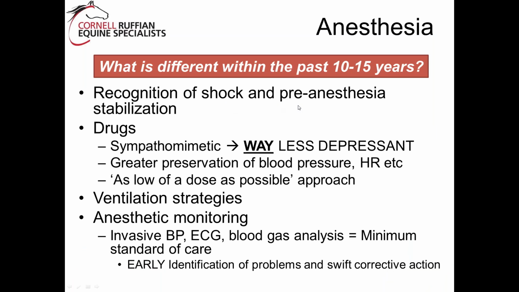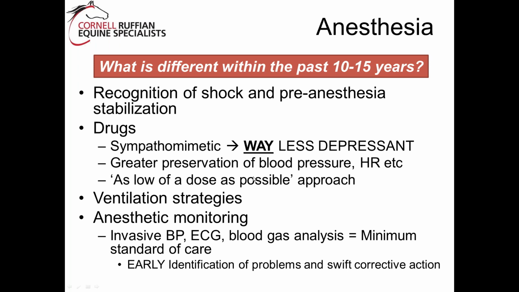And so we actually spend a little bit of time with pre-anesthetic stabilization. We have better drugs nowadays that are called sympathomimetics, so they're much less cardiodepressant. They preserve blood pressure and heart rate much better than the older drugs and gases that we used. And we use an as-low-a-dose-as-possible approach.